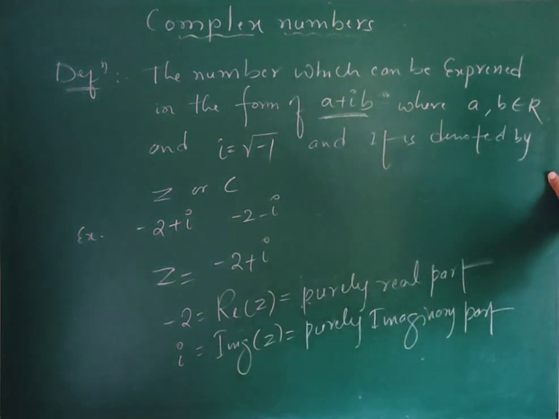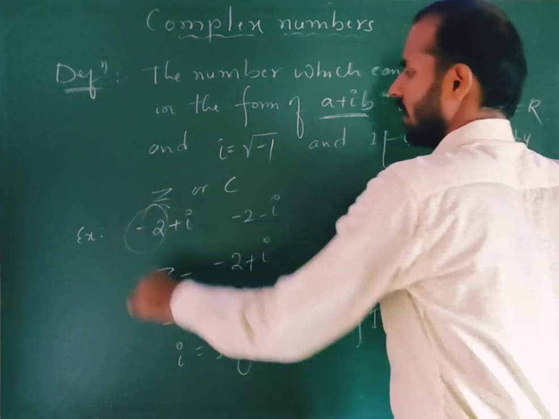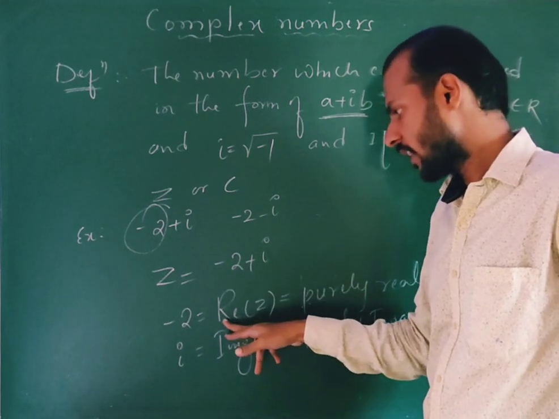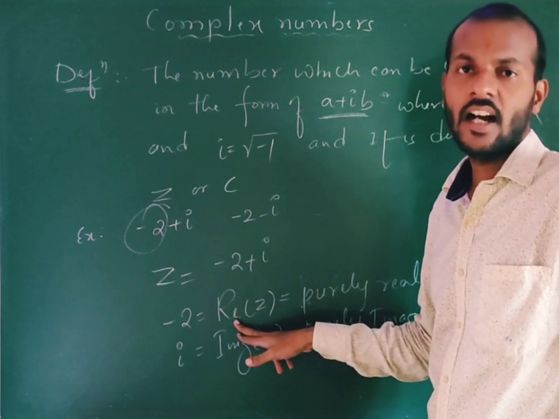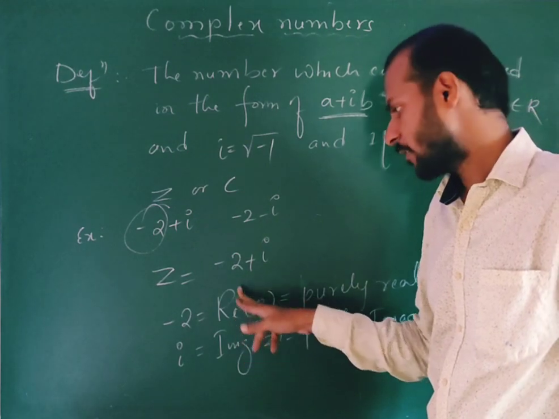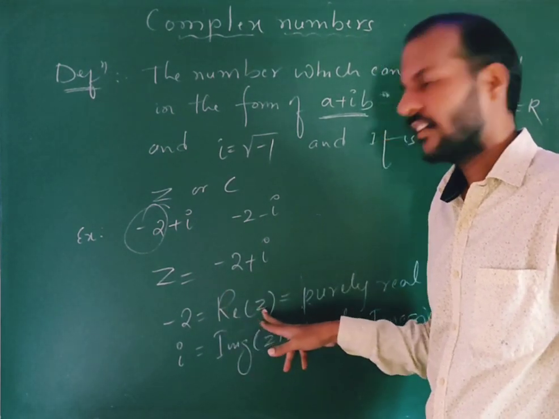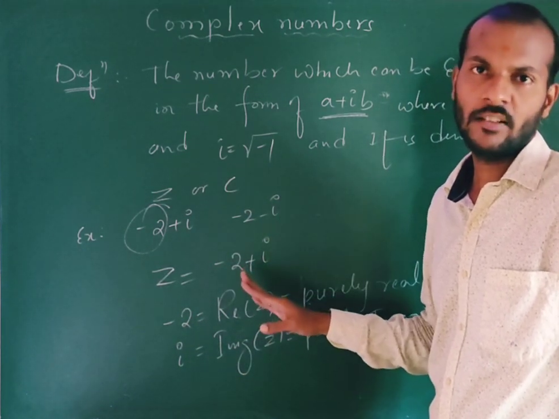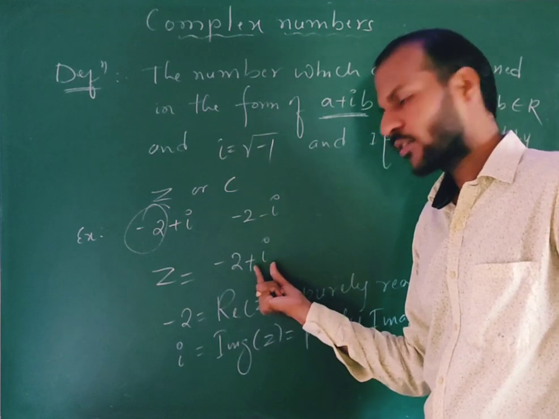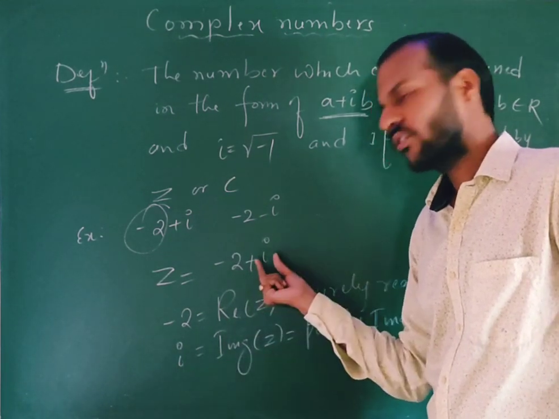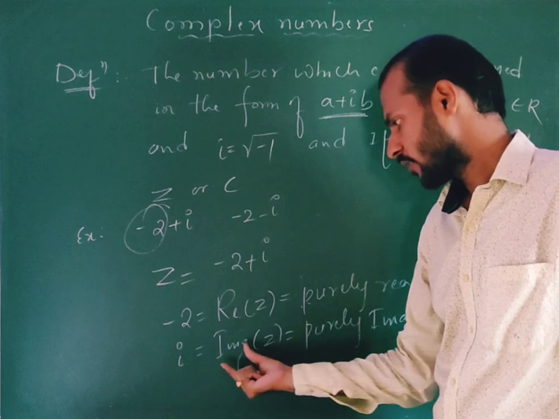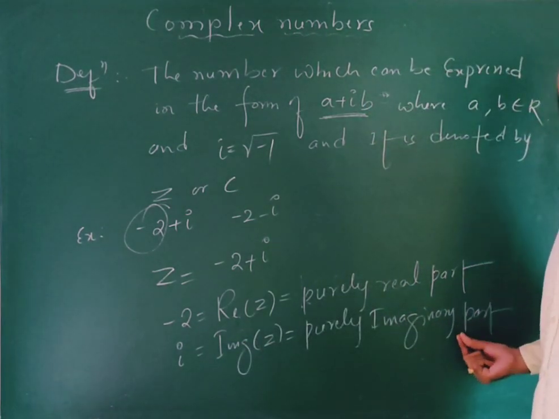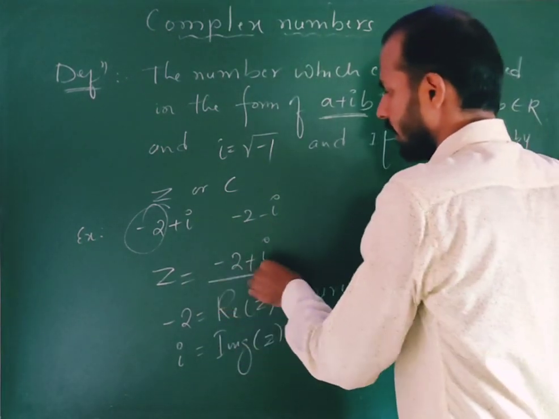Got it? We can denote it like this: Re is nothing but real. Re Z means the real part of a complex number, purely real part. Whereas i, that is the second portion, includes i and is the imaginary part. Therefore, Im Z is nothing but the purely imaginary part of this complex number.